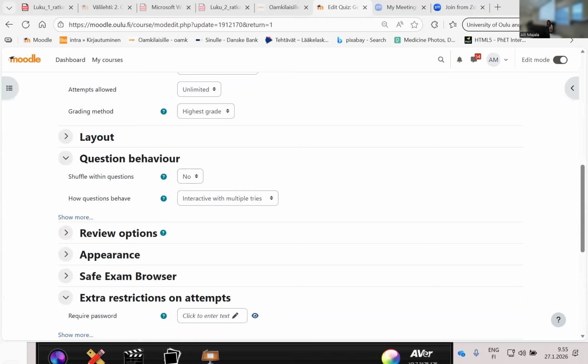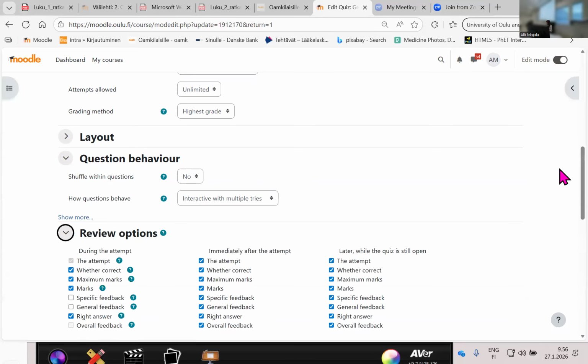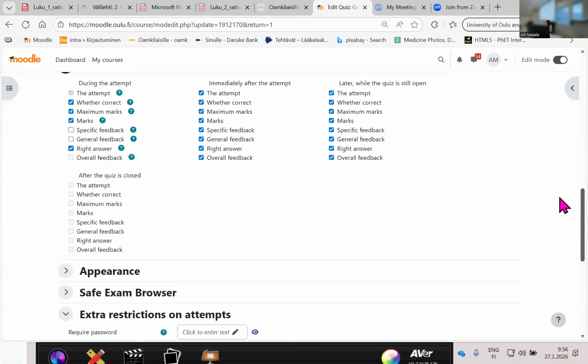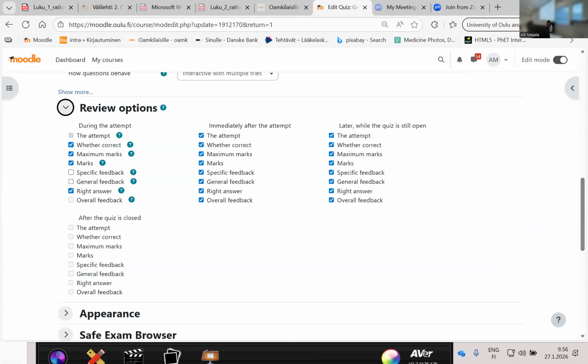Appearance. Yeah, here you have many things. Review options. Okay, so I'll put these ones exactly the same as the other one is as well. Better correct.